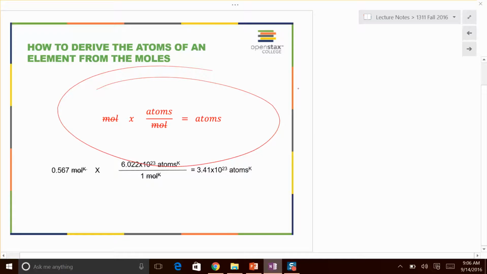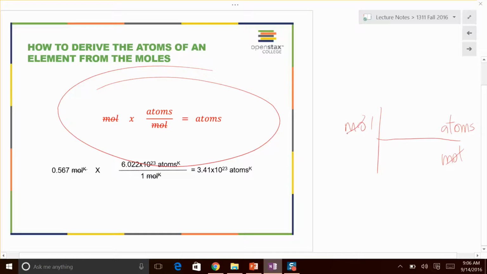It will benefit you to set up the dimensional analysis first, and then put your numbers in after you've set it all up. Basically, I would start out, you could even write it like this. I know a lot of people like to. I even like to. My atoms on top. I want to go from my moles to my atoms, so my moles need to go on the bottom so they can cancel.